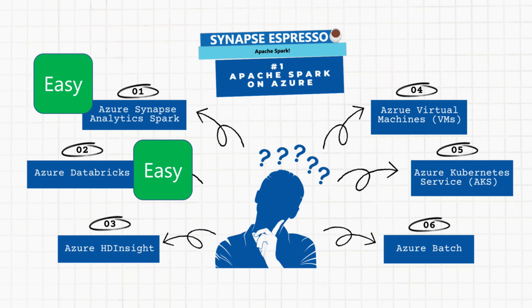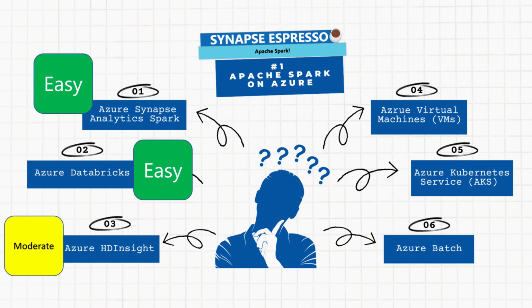Now let's move to the slightly more involved option, the third one, Azure HDInsight. So here you create an HDInsight Spark cluster. You configure a storage account. You submit Spark jobs, and that takes a bit more work compared to Synapse and Databricks. That's why it's moderate.